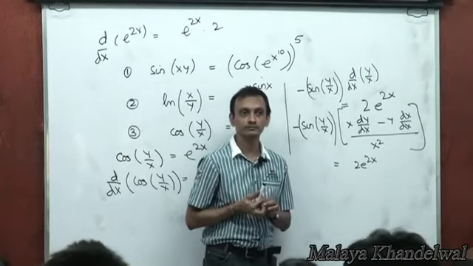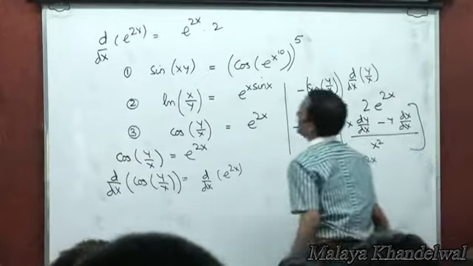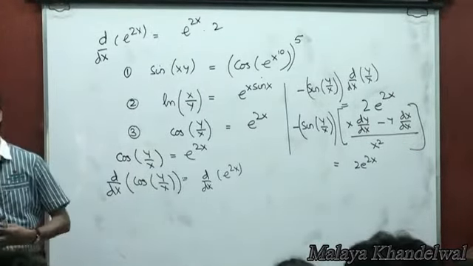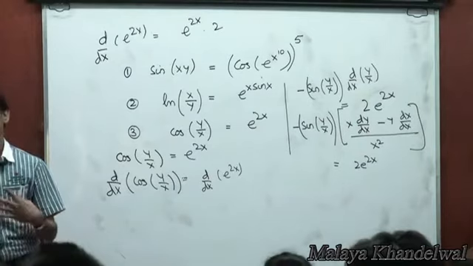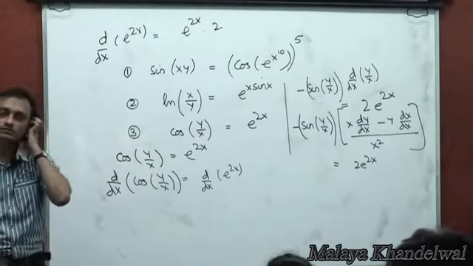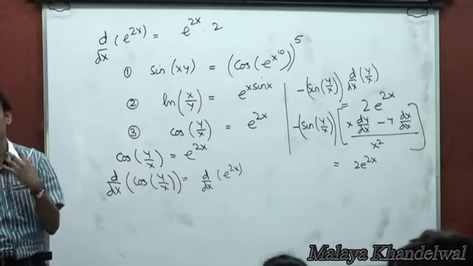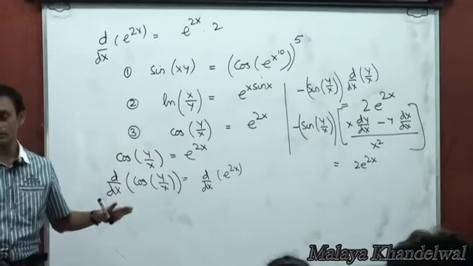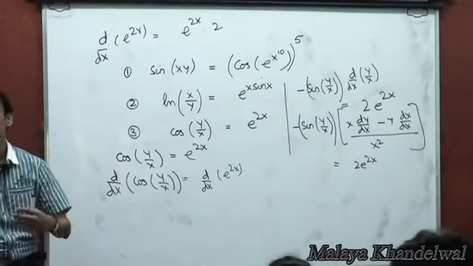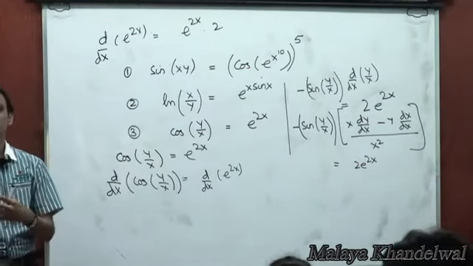Got it? Good. So by this time you would have reached a certain level of accomplishment in differentiating functions of various kinds. In fact, you can differentiate a function of any kind right now, given the exposure that we have received in the last 2 classes, inclusive of the class today.